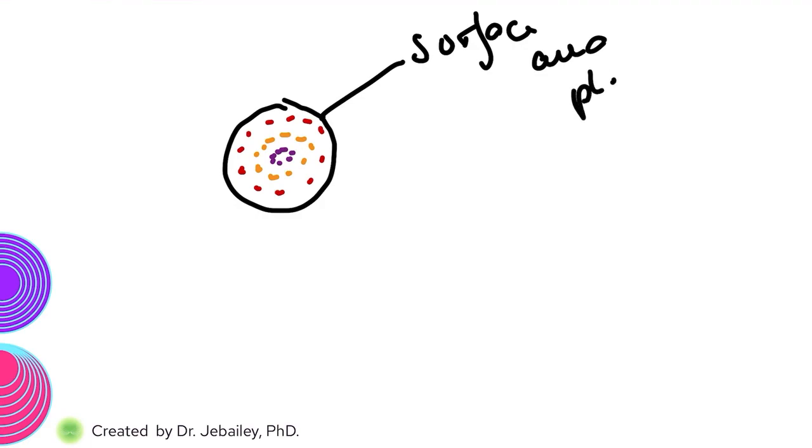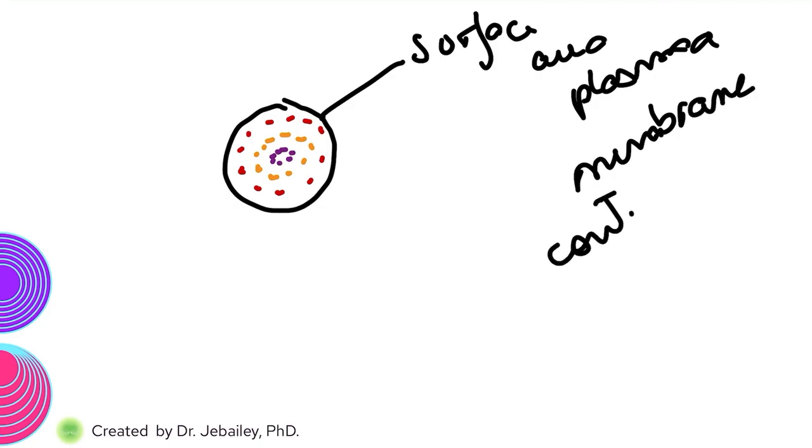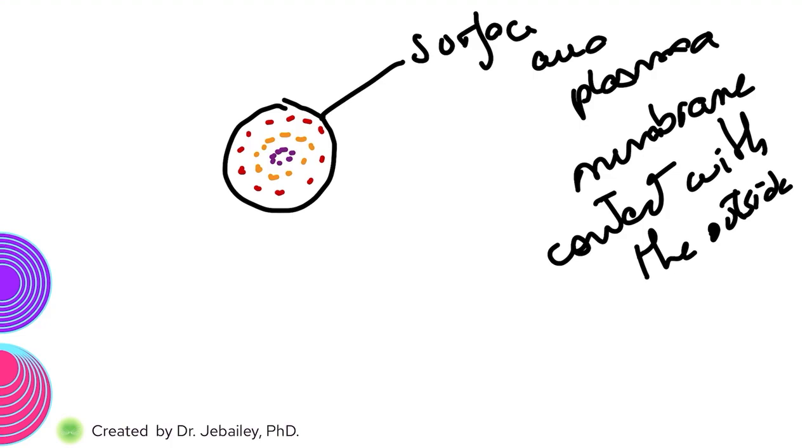This is the plasma membrane, right? This is actually in contact with the outside. And then all the space inside, as you can see, this is the volume, or this is the cytoplasm.